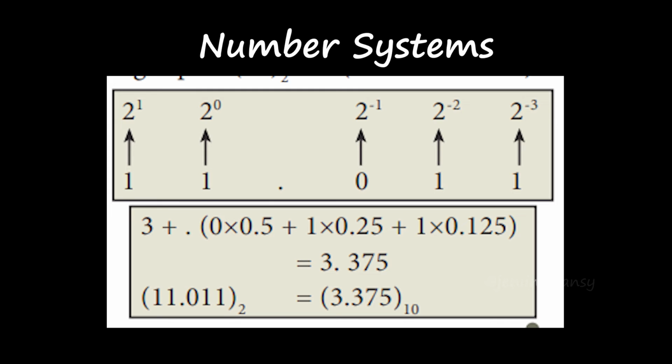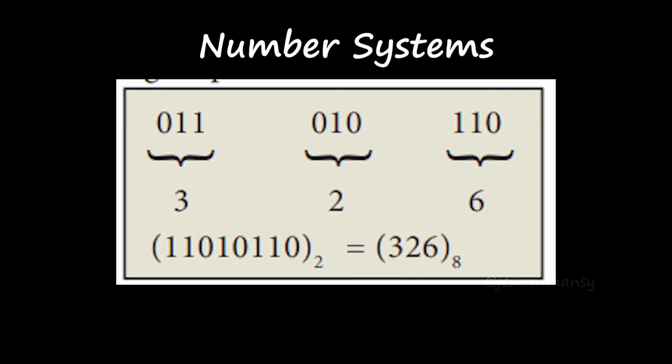Okay, and the other one, binary to octal, we have seen in the class itself so many times. For binary to octal, you will have to split the binary values into groups of three digits, and for the three digits, if it is 110, you know the octal value for that 110, right? So you'll write the octal value for that, and for the next three digits also you'll write the octal values.